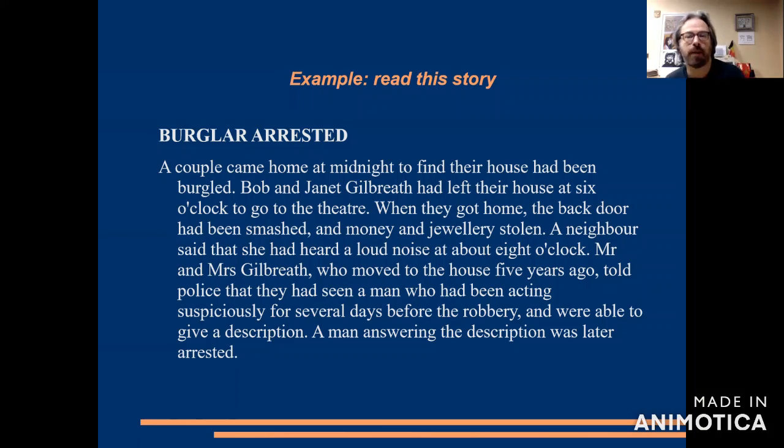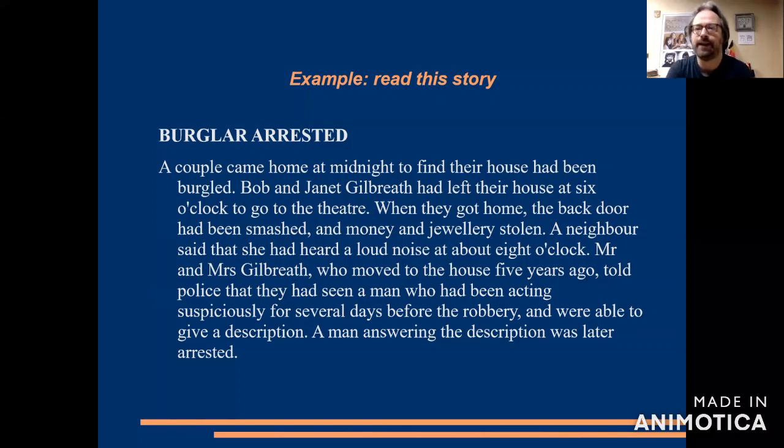When they got home, the back door had been smashed and money and jewelry stolen. A neighbor said that she had heard a loud noise at about 8 o'clock. Mr. and Mrs. Gilbreth, who moved to the house 5 years ago, told police they had seen a man who had been acting suspiciously for several days before the robbery and were able to give a description. The man answering the description was later arrested.